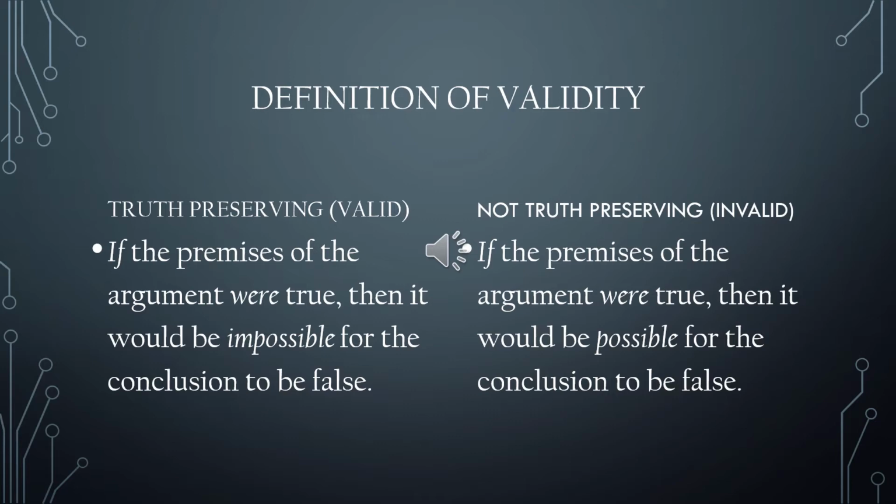But that's the only case in which the actual truth or falsity of the statements in the argument actually matters. For the most part, we're going to approach arguments in a kind of hypothetical frame of mind. If those premises were true, regardless of whether or not they actually are, what would happen? And I think the next slide will give you an example where you'll understand a little bit more clearly what I'm trying to convey here.